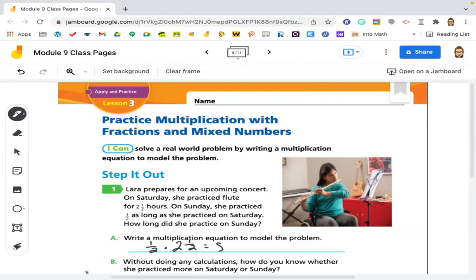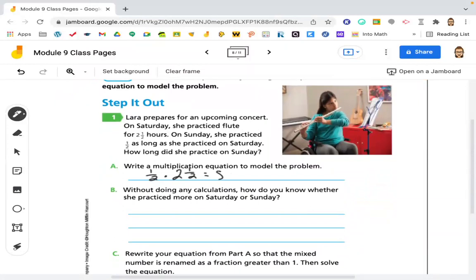Without doing any more calculations, how do you know whether she practiced more on Saturday or Sunday? Well, as we've talked about, we're multiplying by a fraction less than 1. So that means that it is going to be less than our other product. So it would be less on Sunday. So she practiced more on Saturday. So we're going to put Saturday.